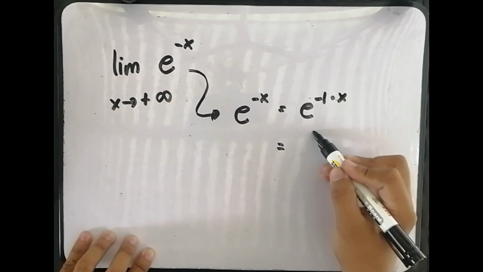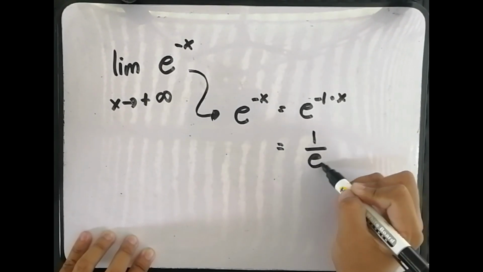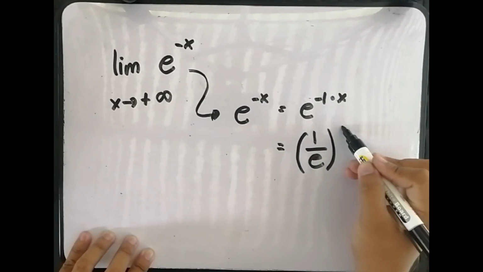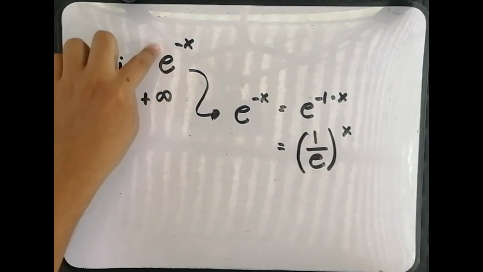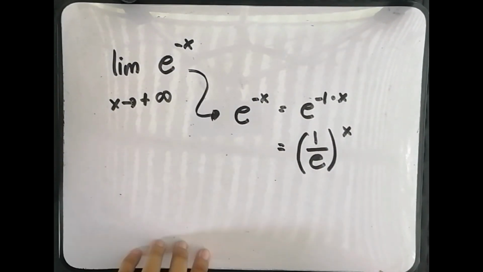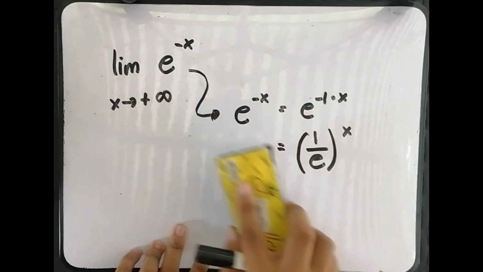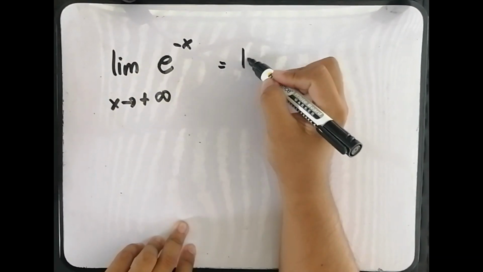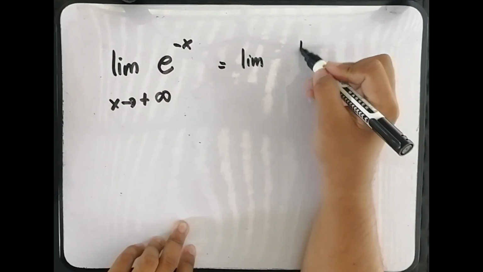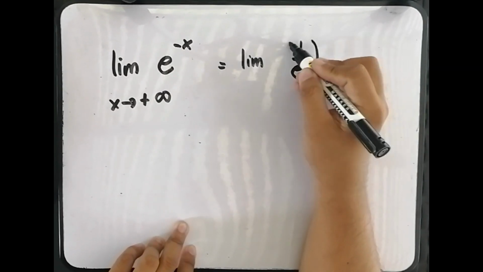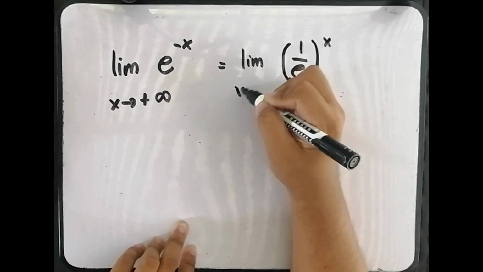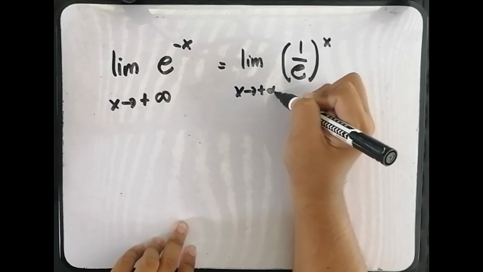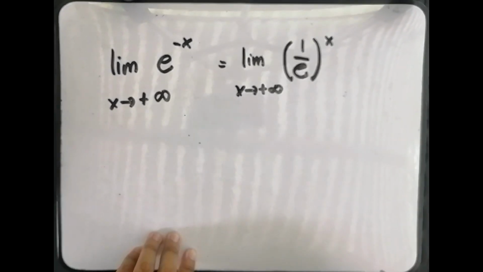Na parang ganyan, 1 over e raised to x. Okay? E raised to negative x is equal to this. So, pwede natin ngayong palitan ng ganyan yon. Okay? So, we now have the limit of 1 over e raised to x as x approaches positive infinity.